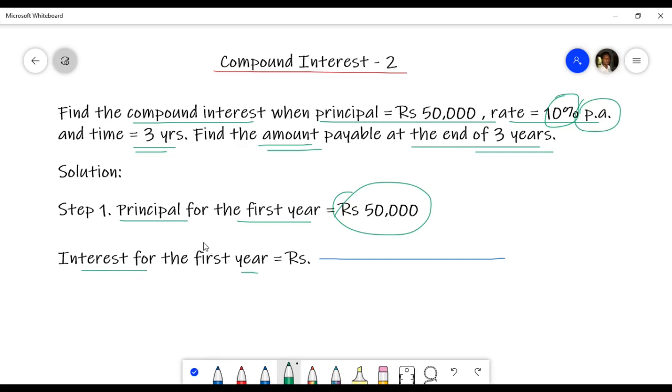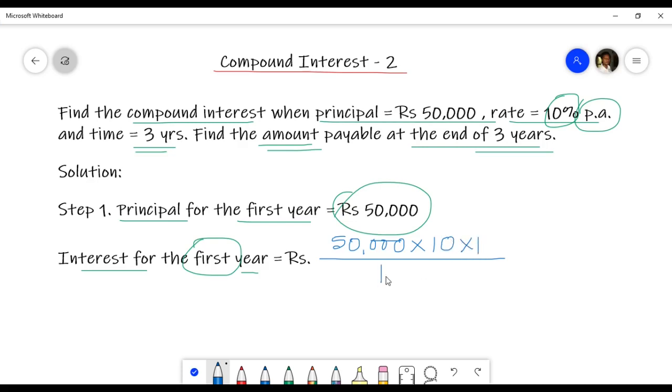Interest for the first year is equal to rupees, principal amount is 50,000 into rate, as given in the question. Rate is 10% into time 1 year.